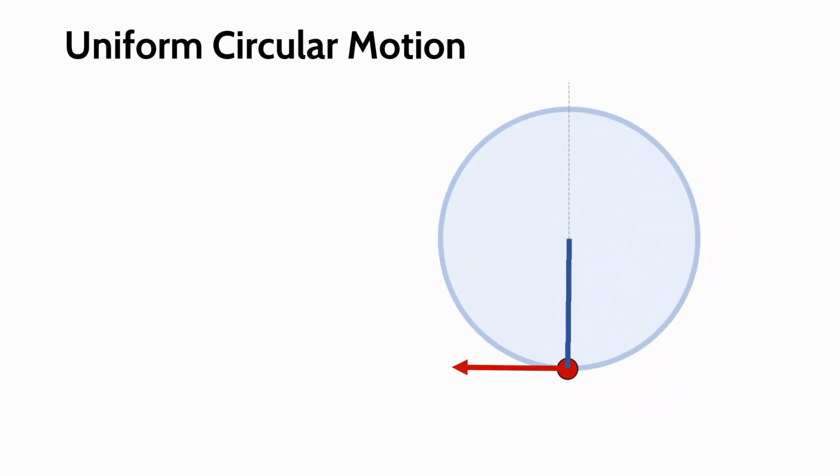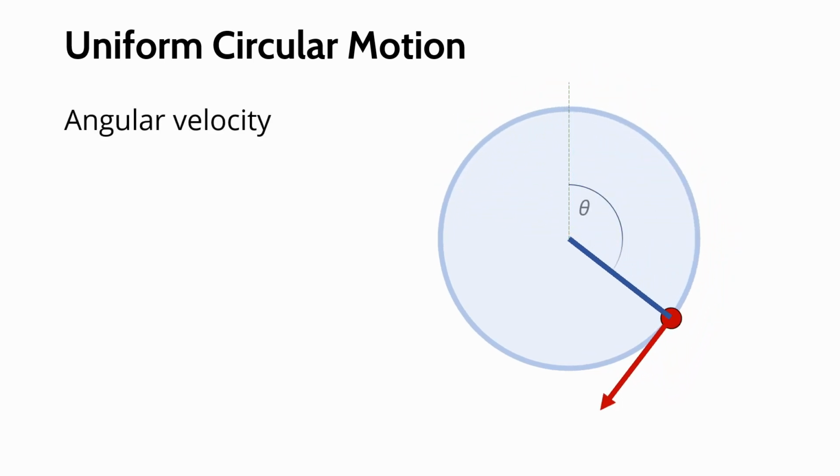So we've slowed it down a bit here. As this object is orbiting, it sweeps through an angle. We'll call that angle theta. So let's pause that there. And that's what we call having an angular velocity. So we saw that the radius that was moving swept round through an angle in a certain amount of time.